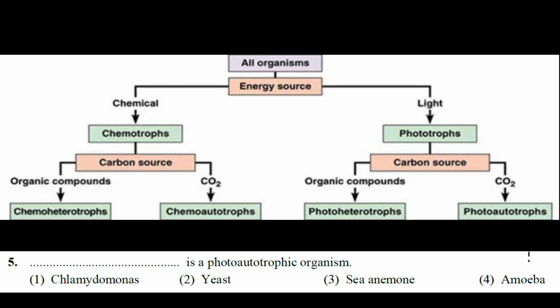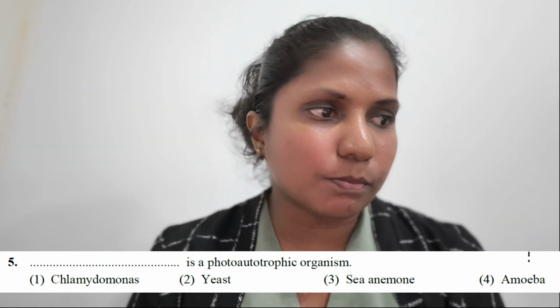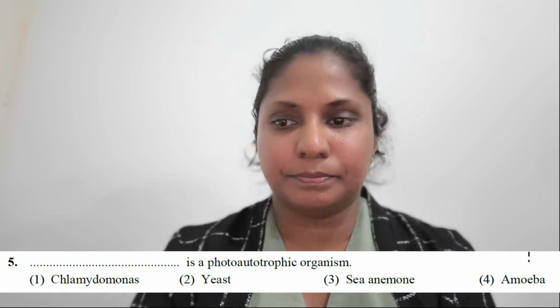The third one is sea anemone. This animal depends on other organisms for its nutritional requirement. And finally, amoeba. It's a single-celled organism, and it engulfs food particles instead of producing its own food. So the answer should be 1.